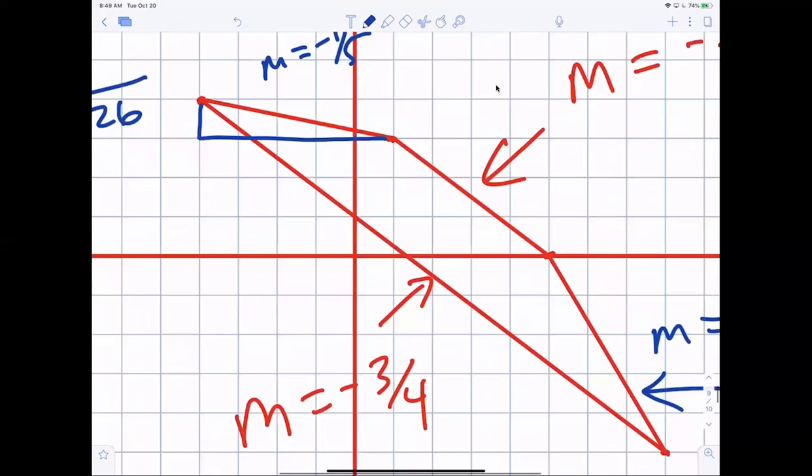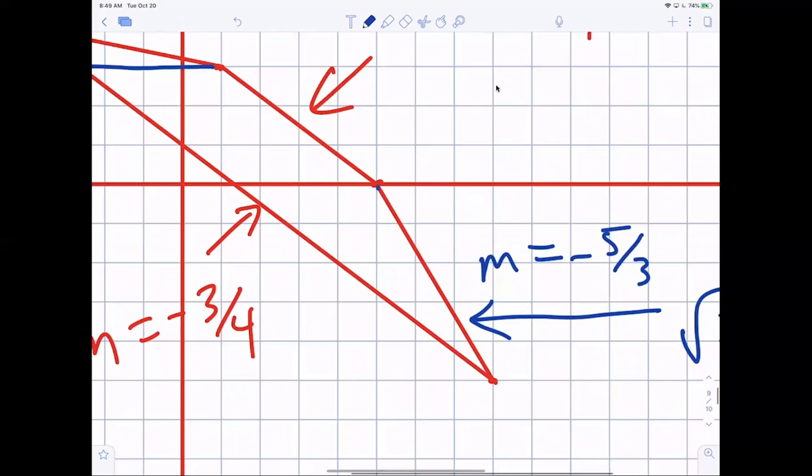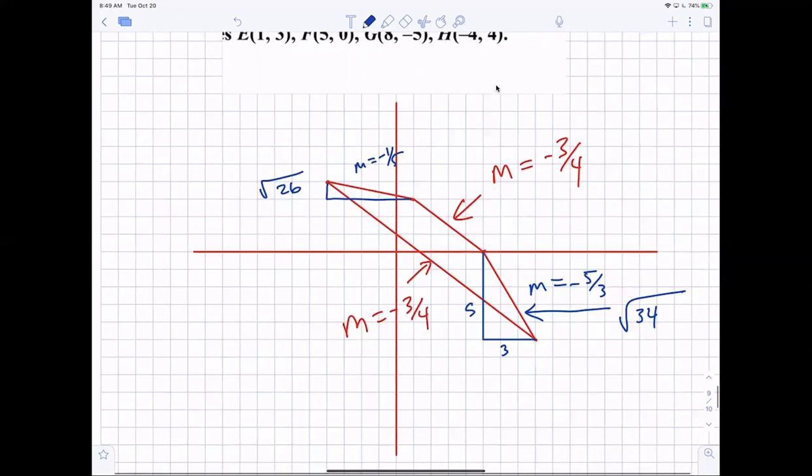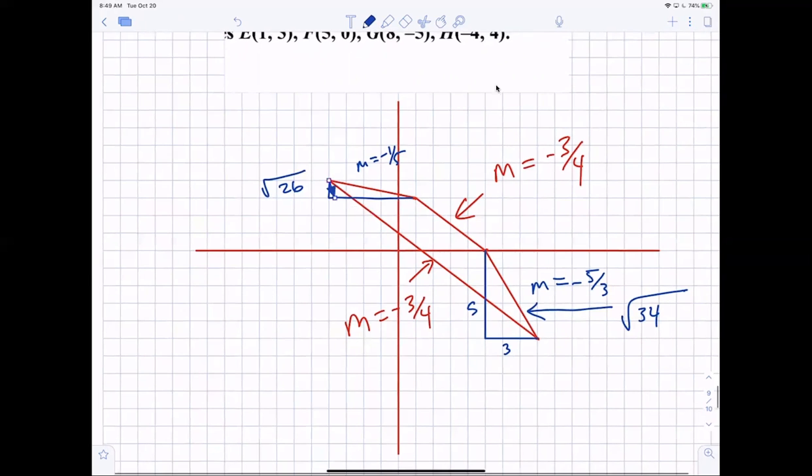What I did was, remember, I just make this a right triangle. So from there to there, this is 5 and this is 3. Again, it's just a squared plus b squared equals c squared. And then the same thing with this side over here. This was 1 and this was 5.